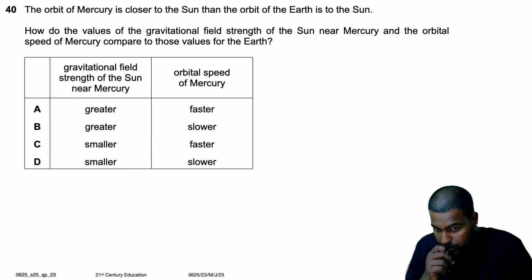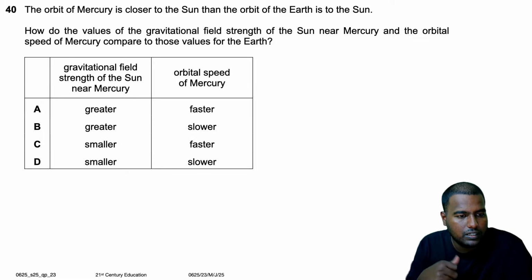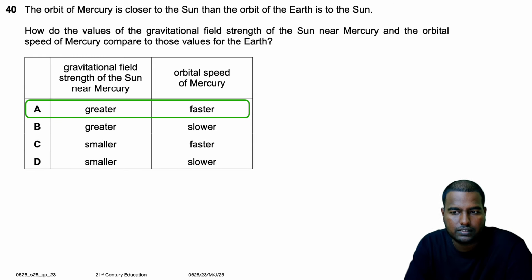So if you go to Mercury, it will be greater. Since it's close to the sun, its orbital speed also will be faster than Earth's. So the gravitational field strength of the sun near Mercury is greater, and the orbital speed of Mercury is faster. Both.